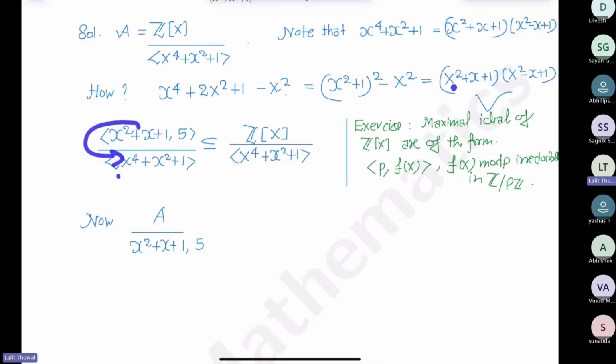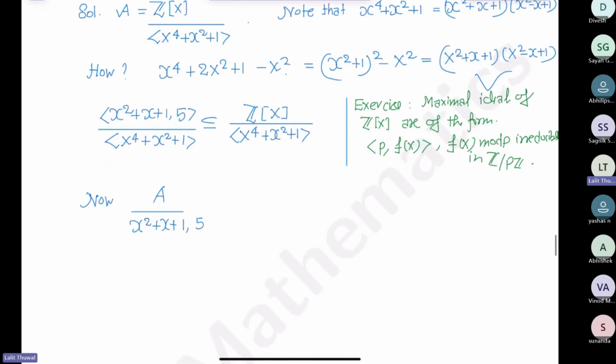That's why I did the factorization here, because this is a factor of this. So any multiple of this is a multiple of this. You don't need to take 5 here, this just contains this, and if you add something extra, it will also contain it. Why I took 5, you will understand now.